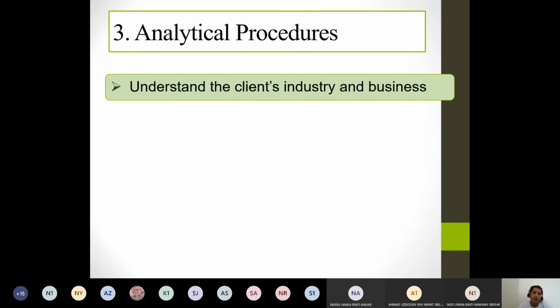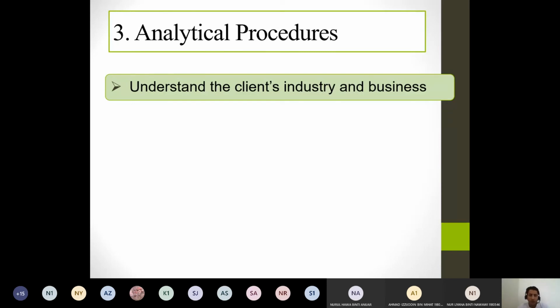Next, number 3 is the analytical procedures. As we discussed earlier, analytical procedures are about financial analysis using either financial or non-financial information to give the auditor some indicators.